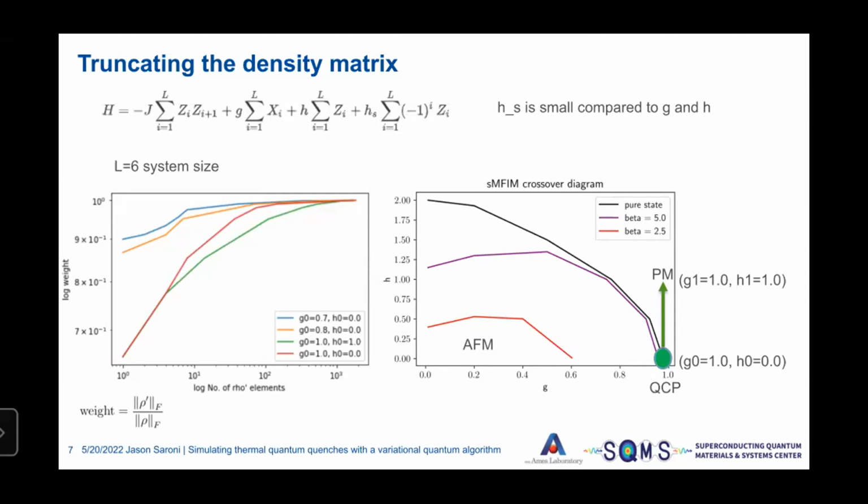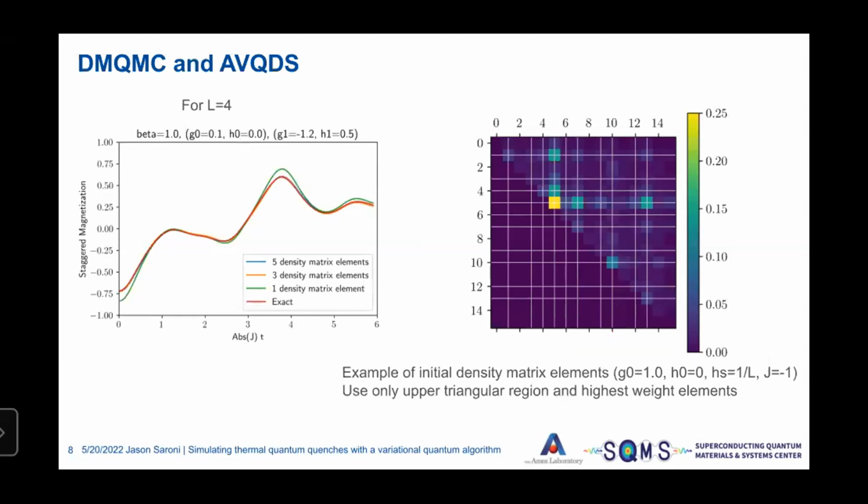We already have very good agreement compared to the exact result, where rho prime is the density matrix of the truncated density matrix, and rho is the exact. And here, in the case where G naught is 0.1, you see that we already have very good convergence to the exact, even with just 5 density matrix elements.